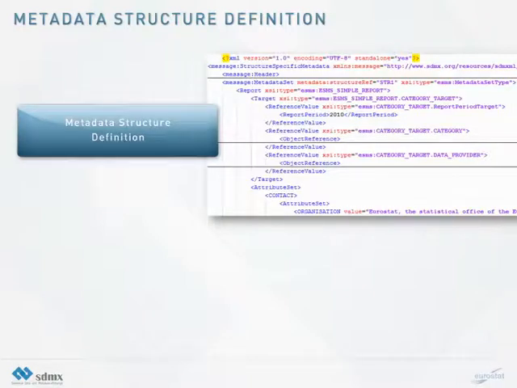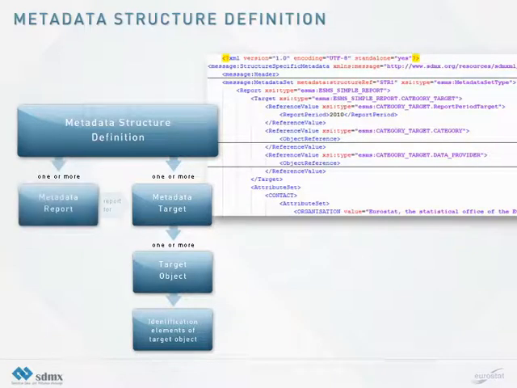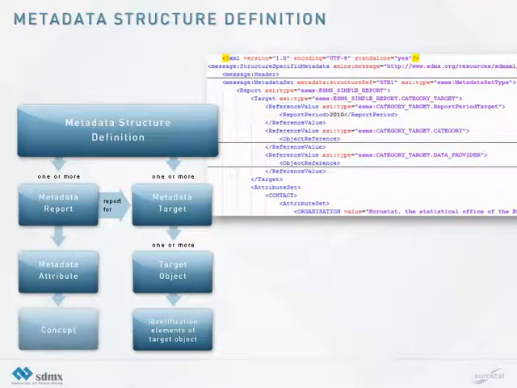They comprise the specification of the object types to which metadata can be reported in a metadata set, metadata targets. The metadata structure definition defines also the metadata report structure, comprising the metadata attributes that identify the concept for which metadata may be reported in the metadata set.